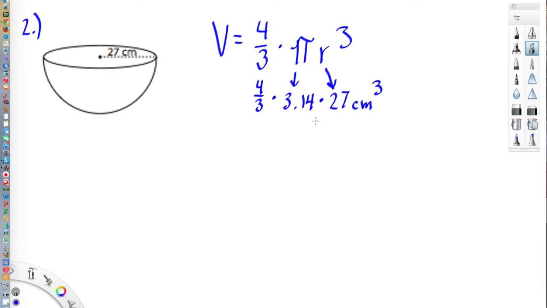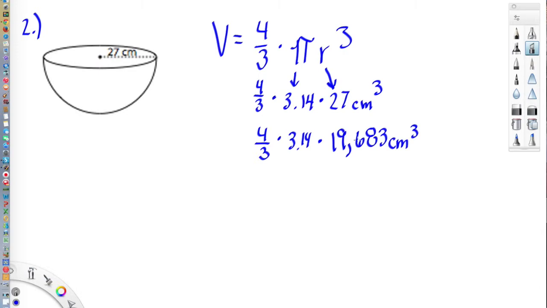It's still good practice, though, to multiply straight through. 27 cubed is going to be 19,683 centimeters cubed, or cubic, and then I need to multiply that by 3.14 and then multiply that by 4/3.